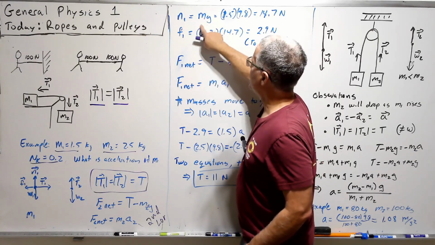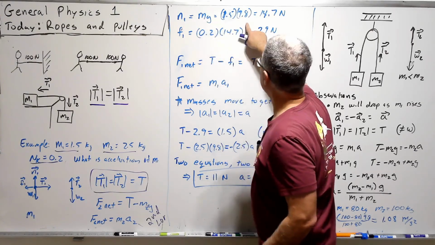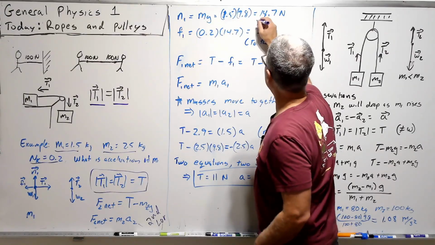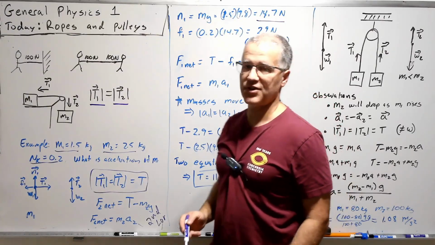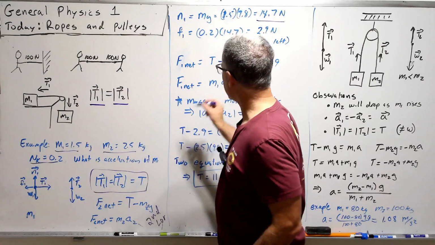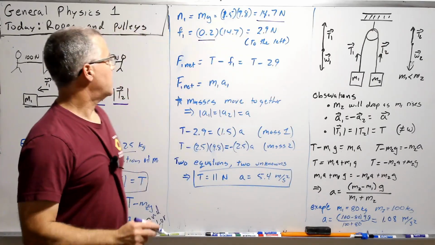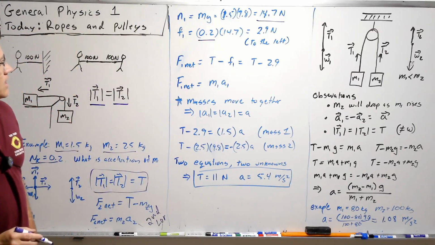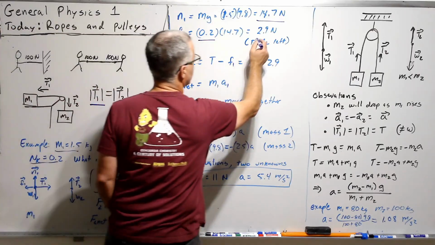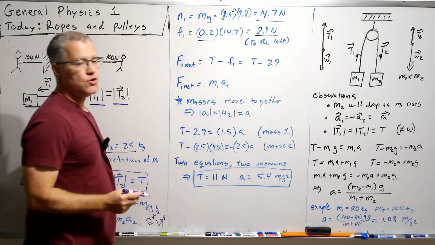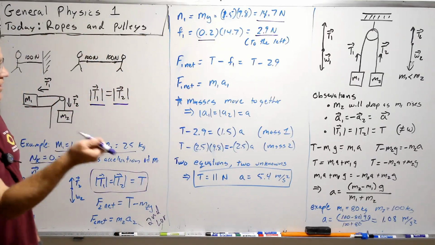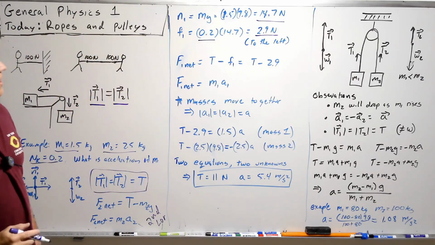So the normal force is going to be mg. We can plug in our numbers and we get 14.7 newtons as our normal force. Because we have friction, we have a kinetic friction coefficient here. That is going to give us our total kinetic friction. So we're seeing 2.9 opposing motion, so that way to the left is our friction.